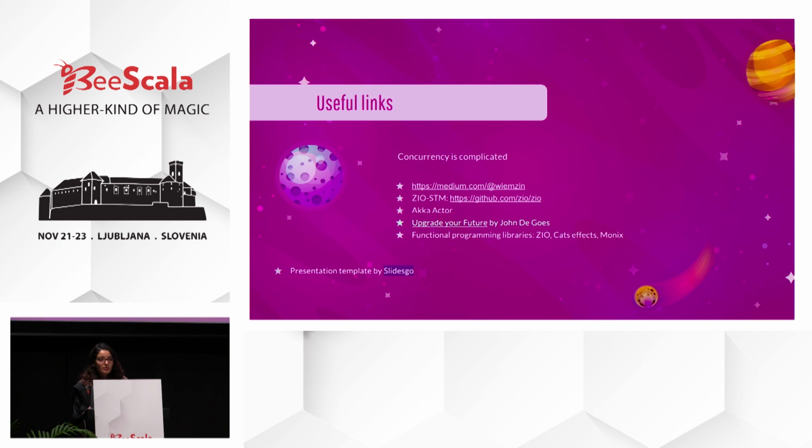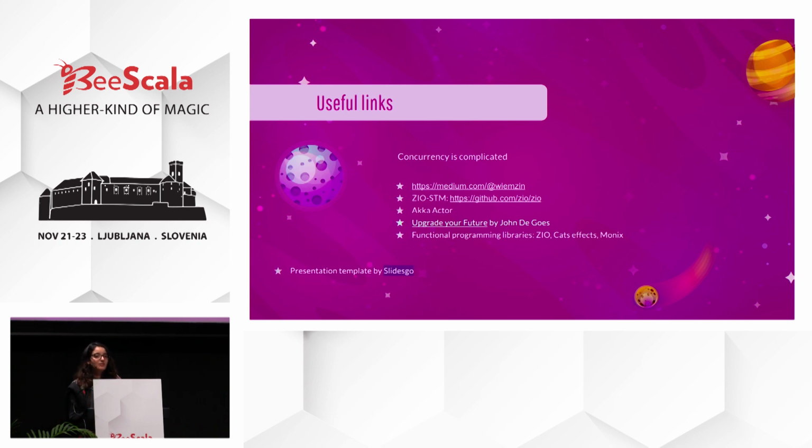And also, if you want to use futures and you face shared state, you can use Akka actors. And if you are more interested in functional effects, and you want to see the difference between fibers and futures, you can check out the video of the talk by John De Goes, Upgrade Your Future.